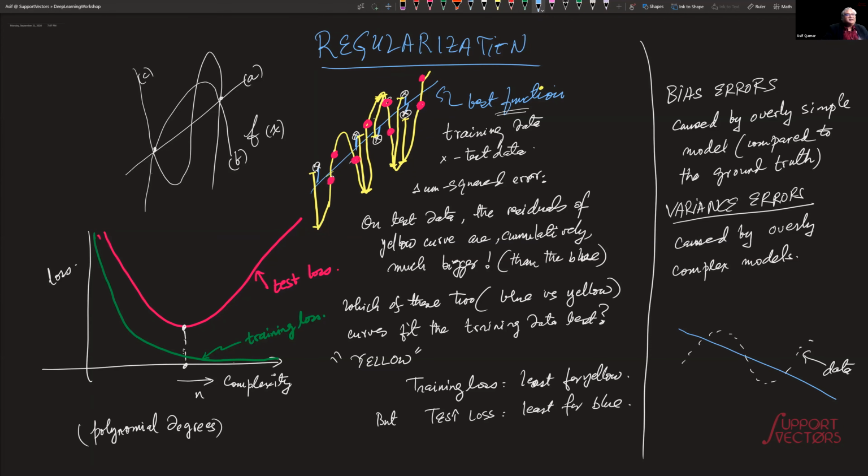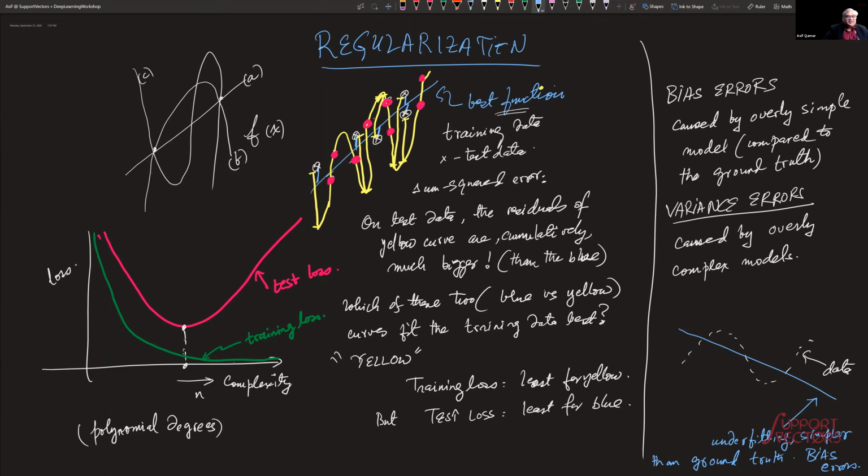You get a line like this, your best fit line. But this model is underfitting, because it is simpler than the ground truth. So it suffers from bias errors.